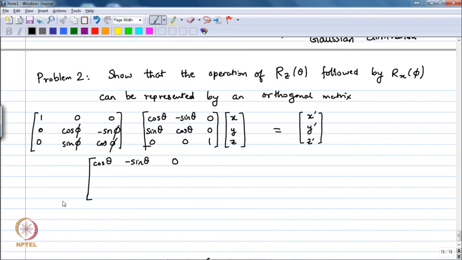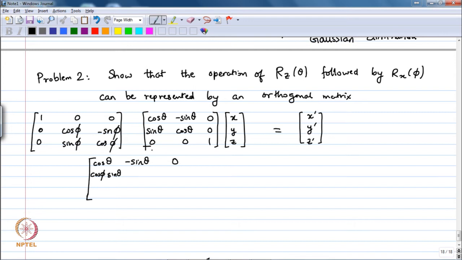Then the second column will be cos phi sin theta, this into this, this into this.